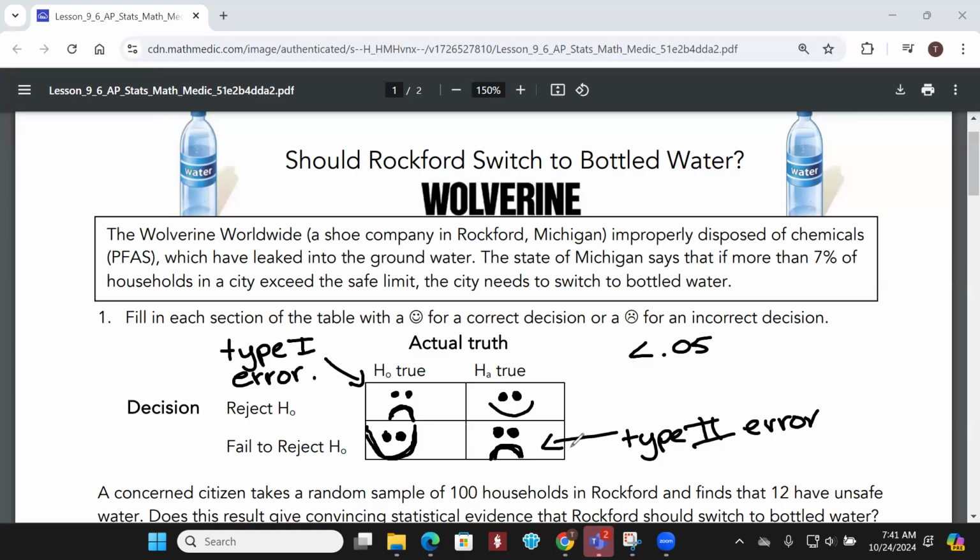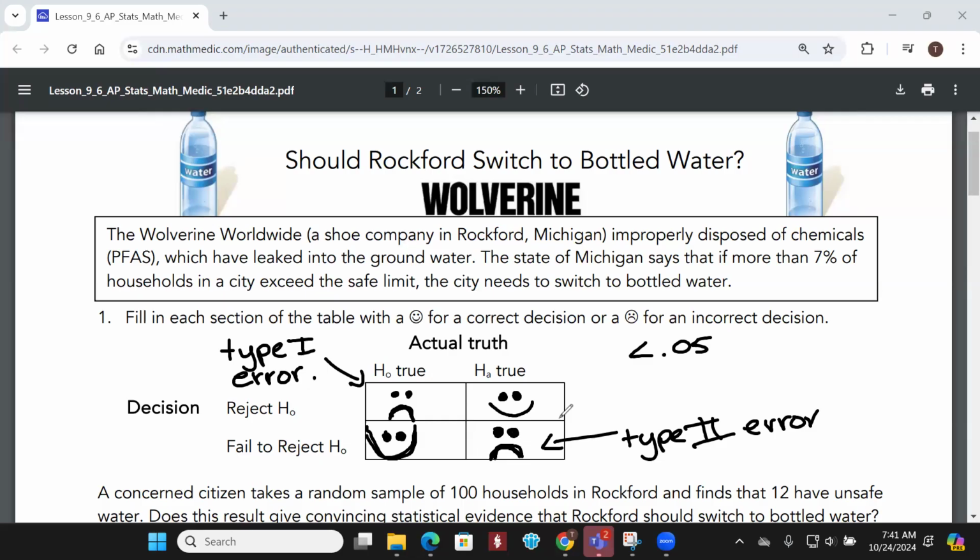Number one. Right. So we've got type 1 error and we've got type 2 error. I'm going to explain those on the back in just a second. For type 1 error, the null hypothesis is true, but we find convincing evidence for the alternative hypothesis.